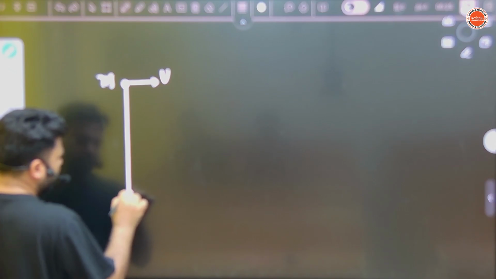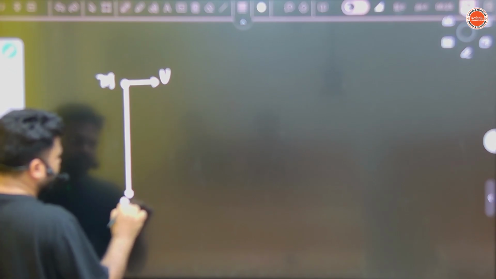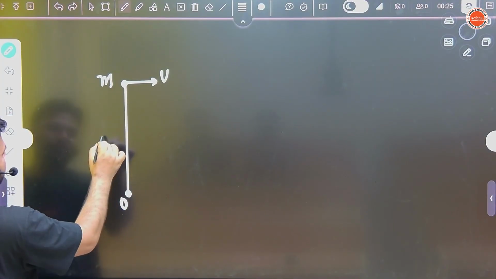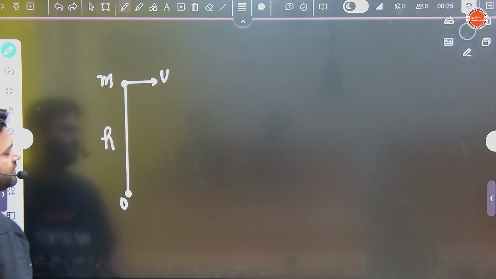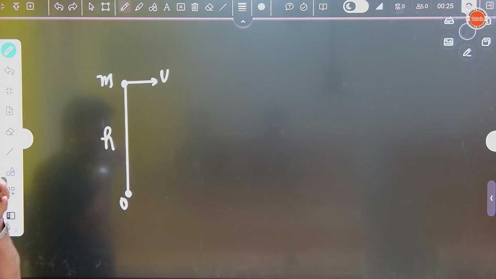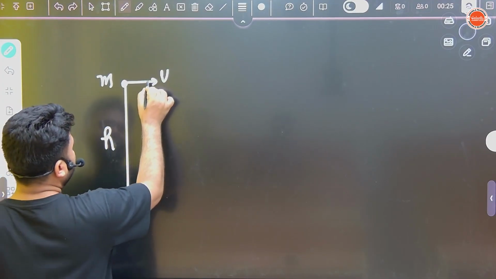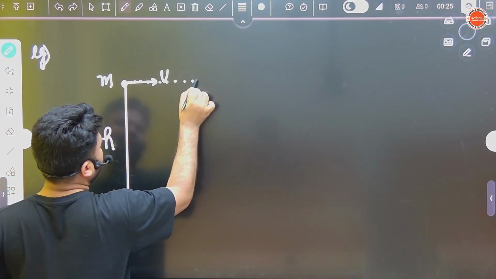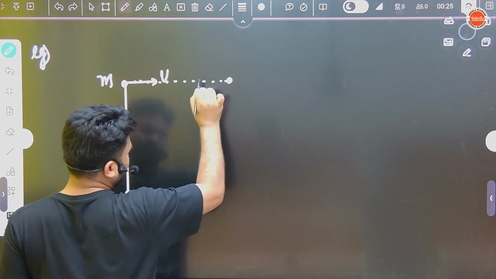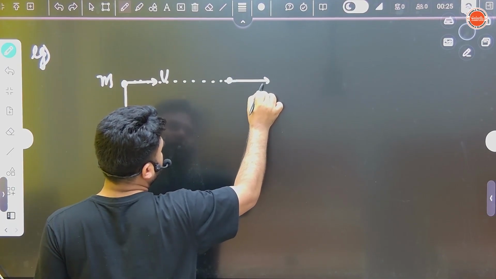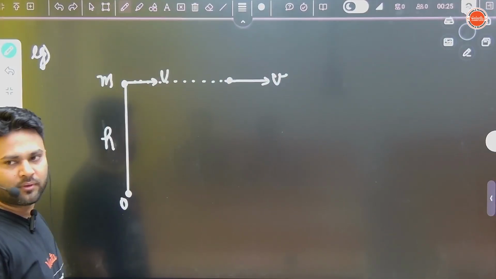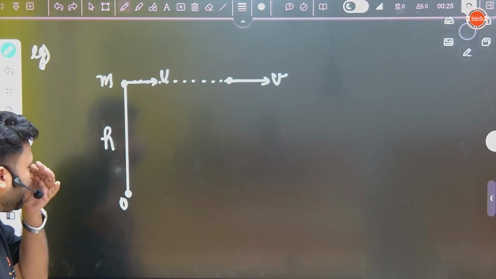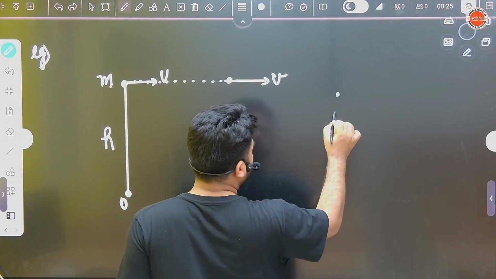This point I call O. This distance is h. When the object reaches this point, it is still moving, its velocity is constant, so v only. What is its angular momentum about point O? Try to listen.